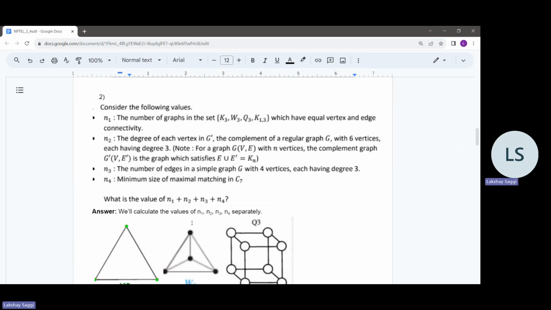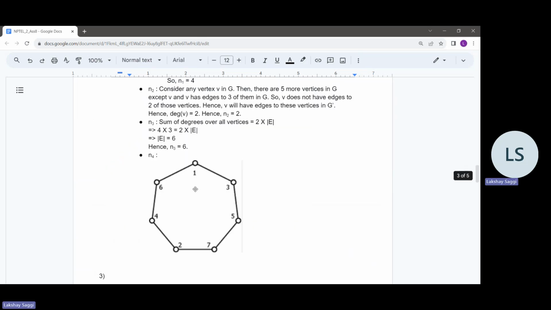So there can be multiple maximal matchings in a graph, and we want to find the maximal matching of minimum possible size. So now as can be seen here, let's just say we include this edge 1,6 in the matching. This figure is symmetric, so if at least one edge was included, let's just say this 1,6 was included.